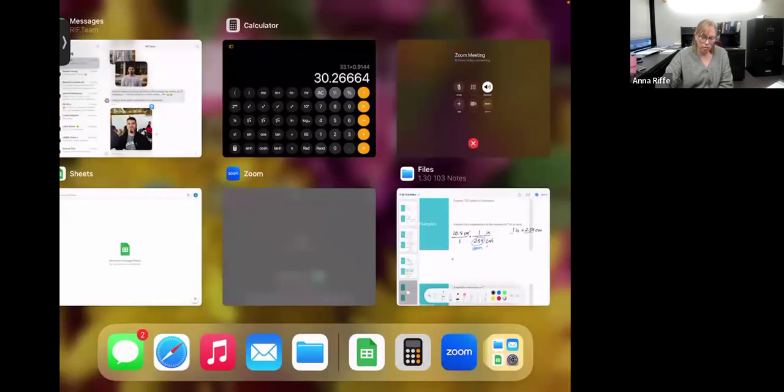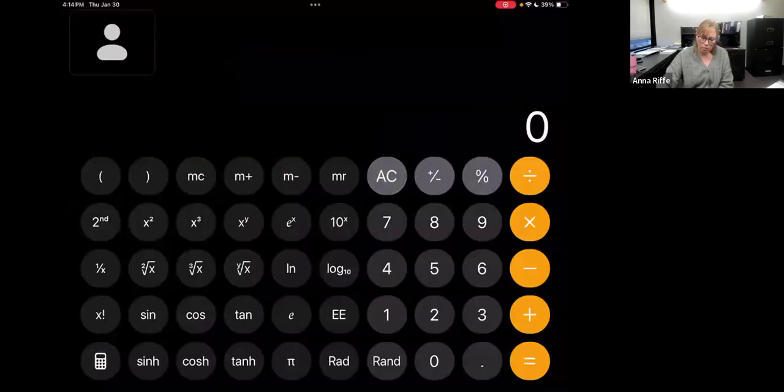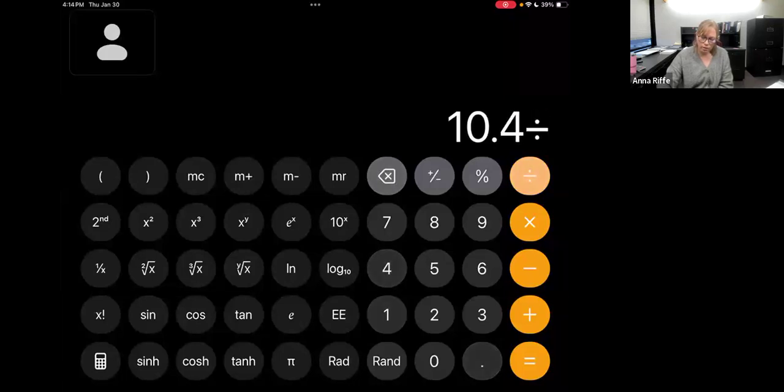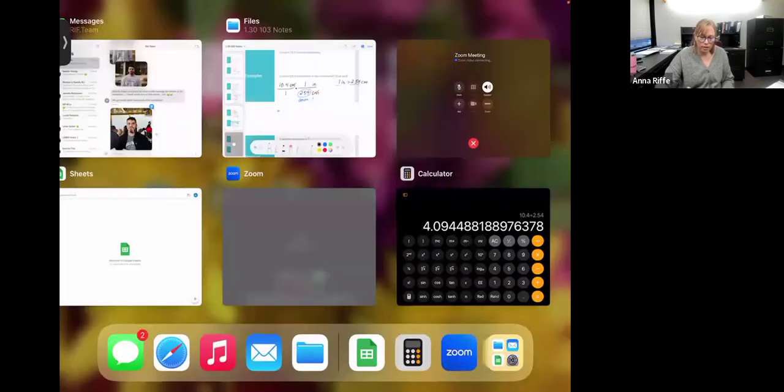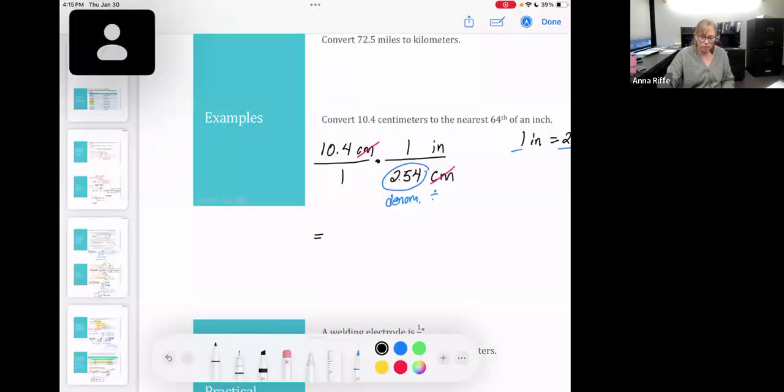Let's bring up our calculator. 10.4, oops, need a decimal point in there, divided by 2.54 is equal to 4.0945 inches, approximately. So I'm not going to take that number out of my calculator yet. 4.094, etc. inches.